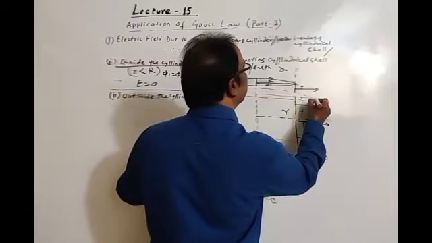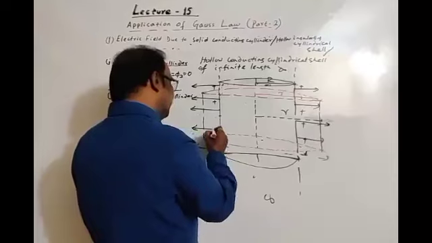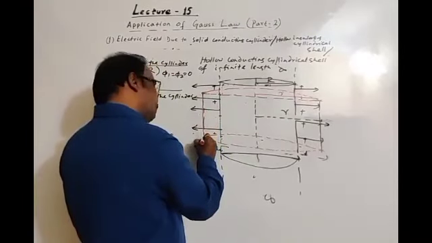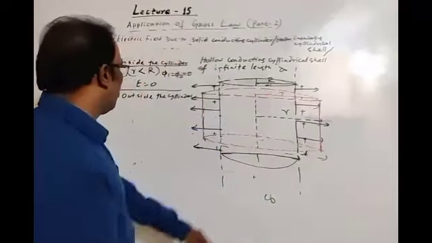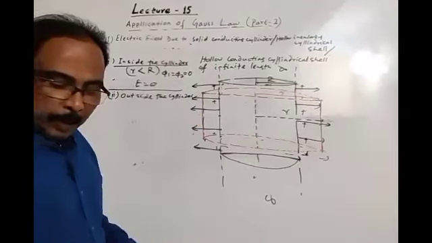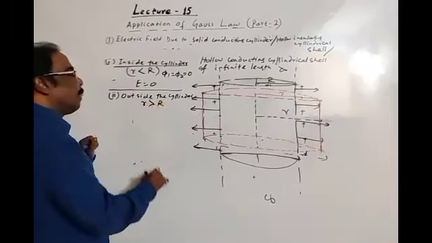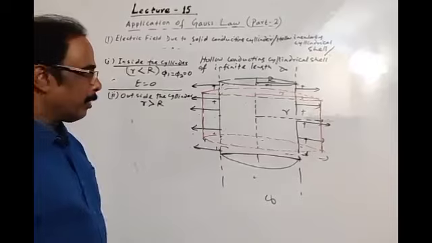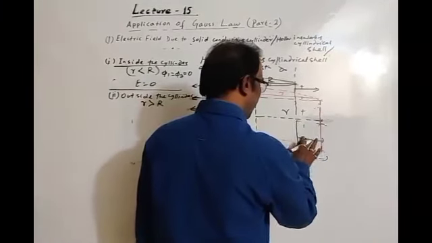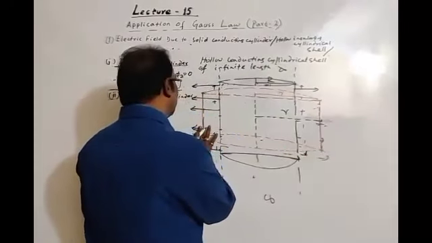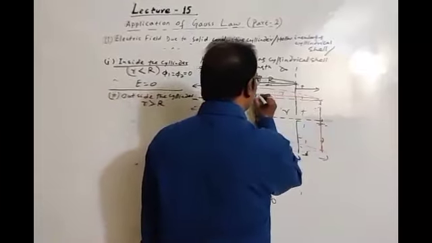This radius r is outside the cylinder. This is the imaginary Gaussian surface of radius r, and here small r is greater than capital R. So again, the electric field lines for the imaginary Gaussian surface will be outward like this.